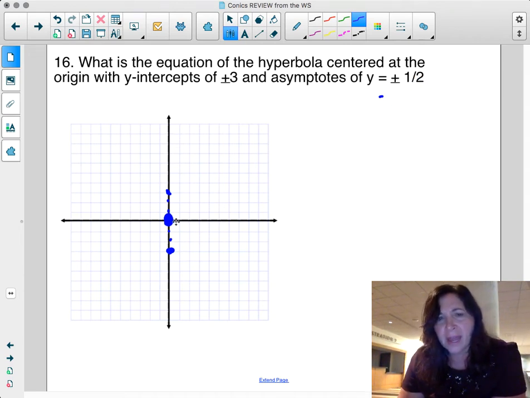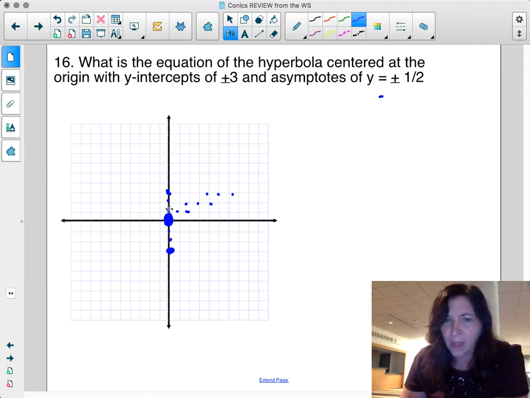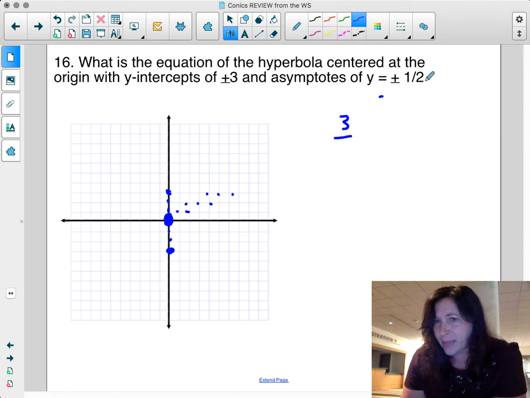That means from my graph, if I were to go up 1 over 2, up 1 over 2, up 1 over 2, okay? What that's doing is telling me, if my y-intercept is 3, up 3, how am I going to get my slope to look like 1/2?